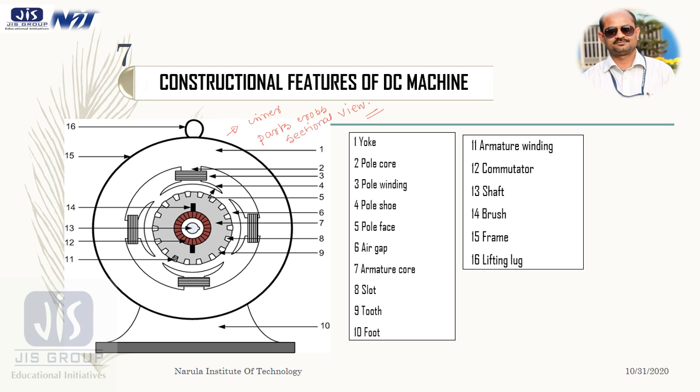These 16 are the members of this DC machine, such as yoke, pole core, pole winding, pole shoe, pole face, armature core, brush, commutator, armature winding, frame.